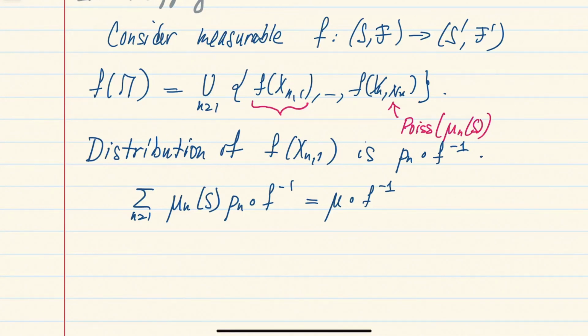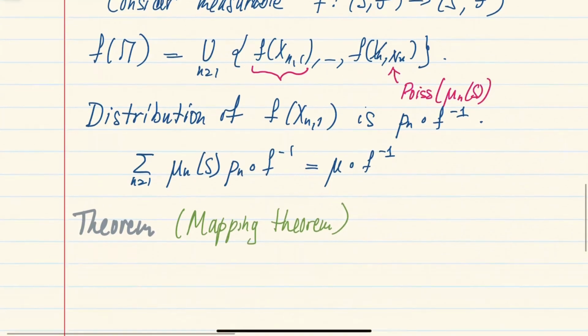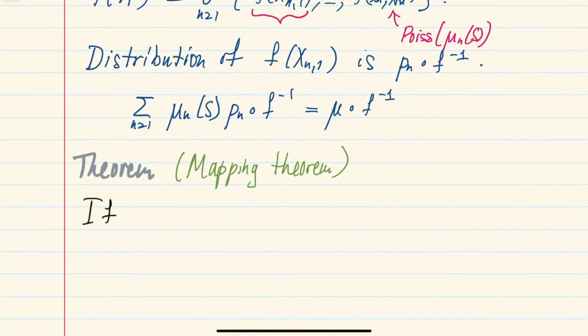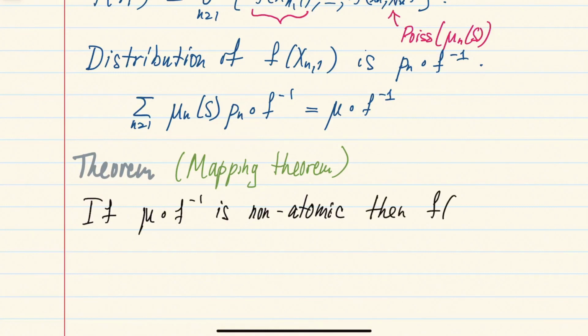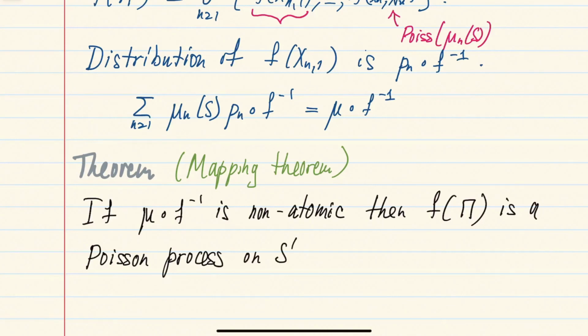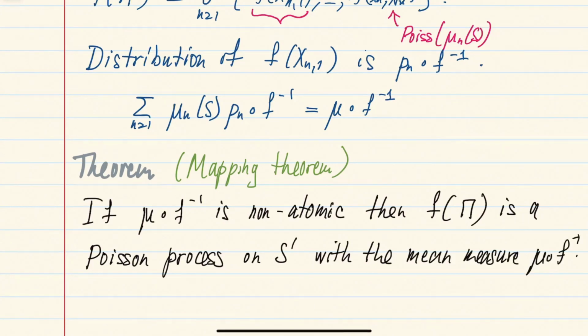Okay, and so immediately we end up with this theorem, which is called the mapping theorem, which states that if this image of our measure mu under this map is non-atomic, so in other words, this map f does not accumulate mass at any particular point, then this set pi mapped by this f is a Poisson process on S prime with the mean measure mu under this map f.